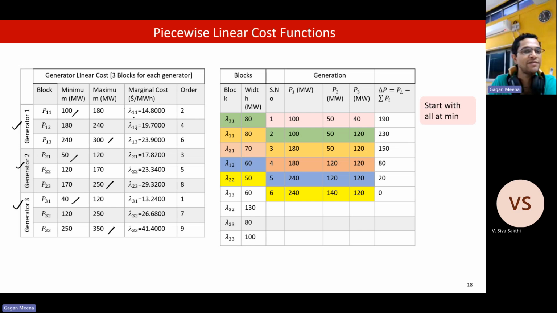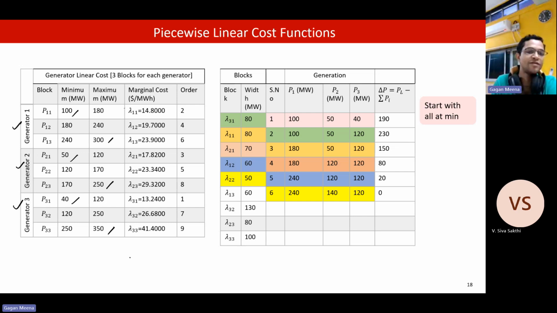Similarly, lambda 21, 22, 23 for the second, and 31, 32, 33 for the third. We calculate the slopes of all these segments. Then we order them in increasing order.